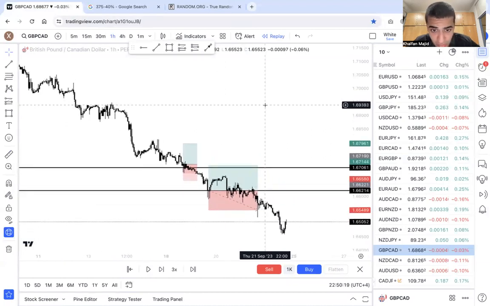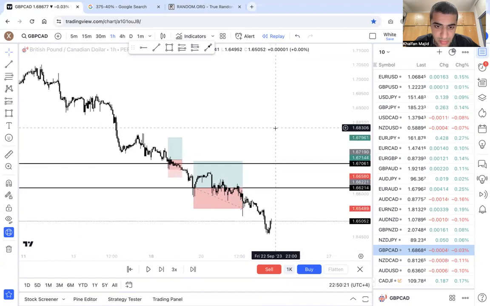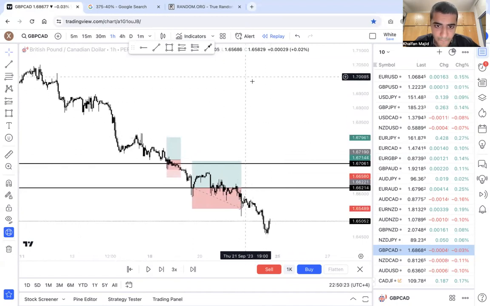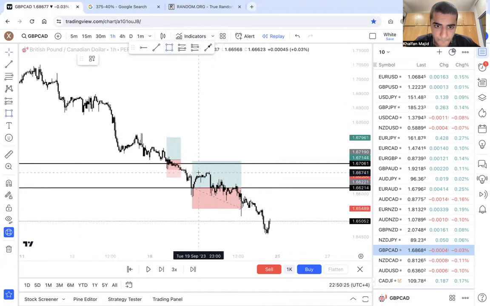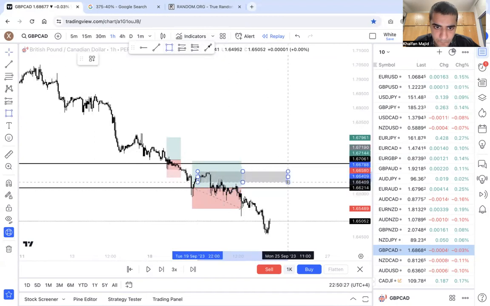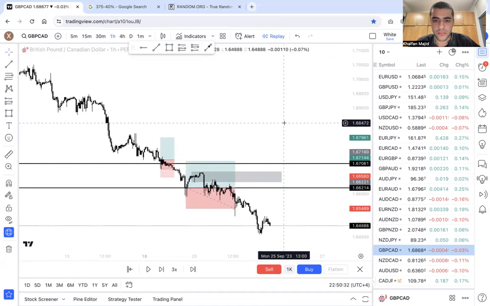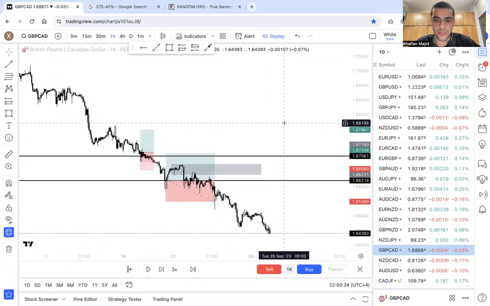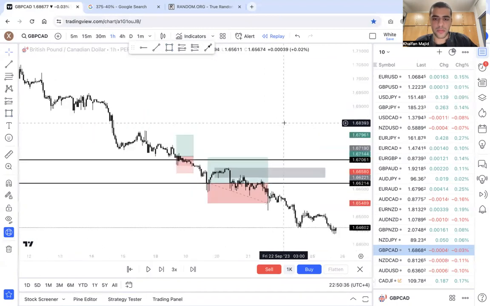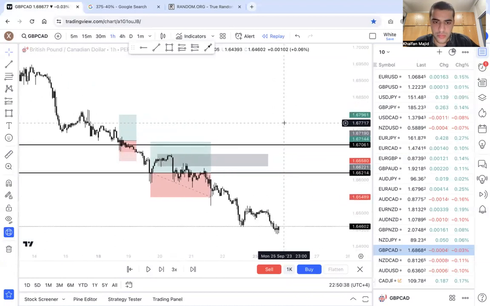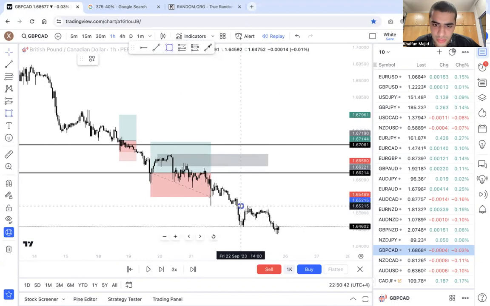So which zone do I think will bounce back? This zone could work.